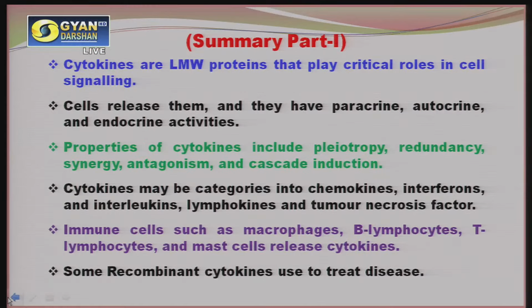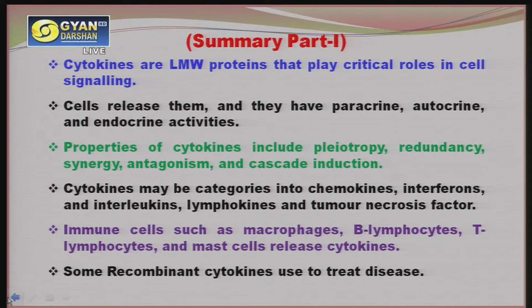And dear learner, I want to summarize part 1. You have learned the various things related to the cytokines. The cytokines are low molecular weight proteins that play a critical role in cell signaling. Cells release them, and they have paracrine, autocrine, and endocrine activities.